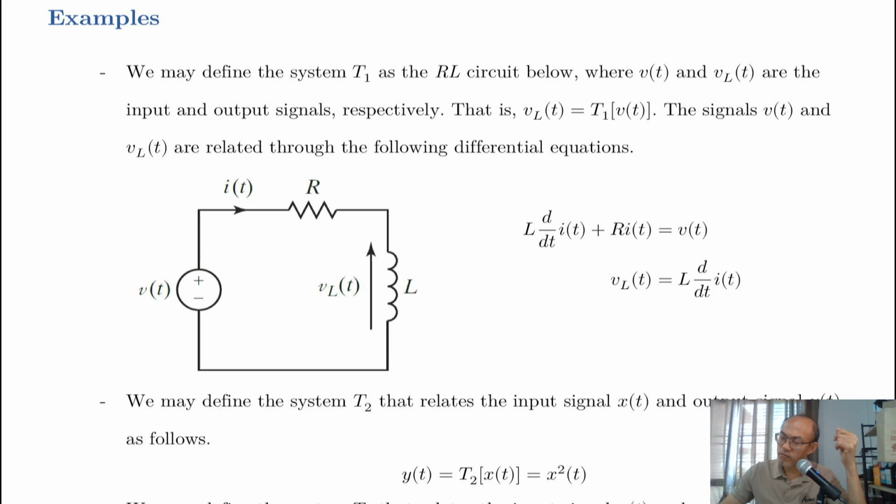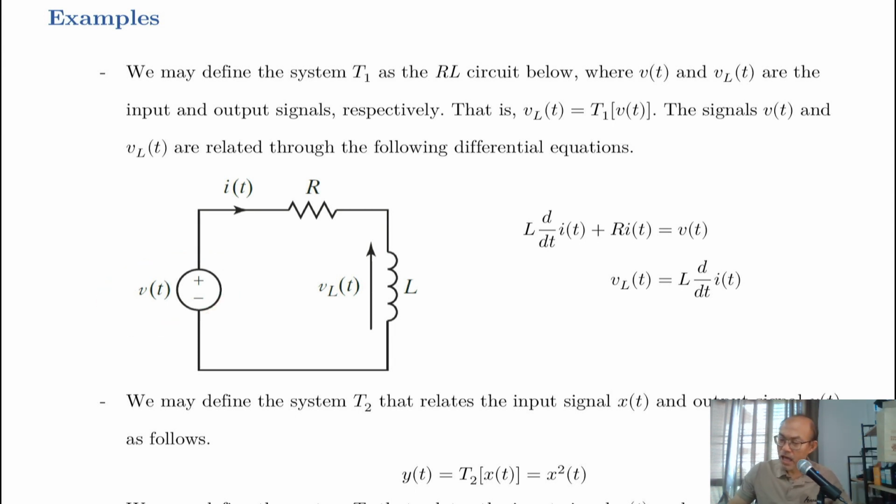So if we give it a certain signal V, and we use the oscilloscope to measure the output, the voltage across the inductor VL, we're going to see that the shape or the characteristics of VL will change according to V(t).